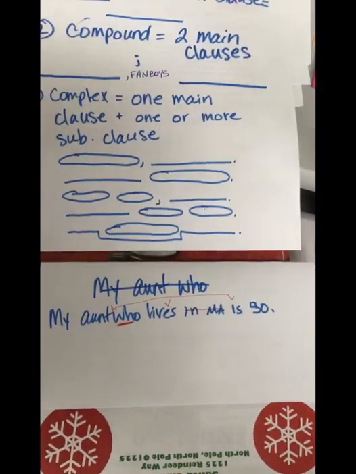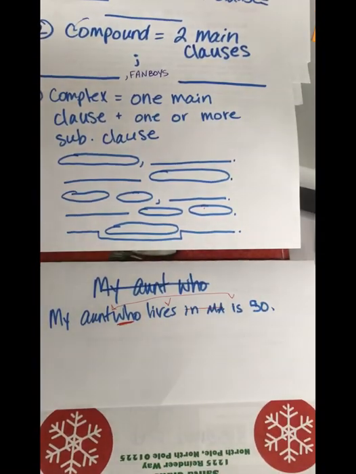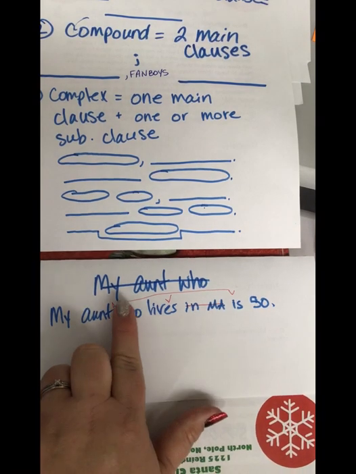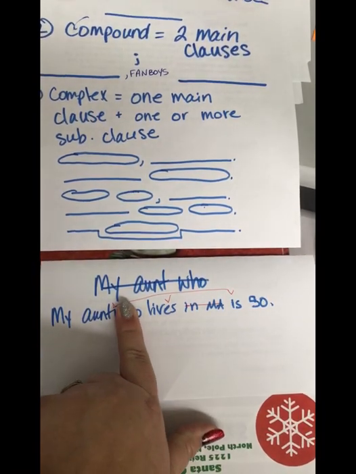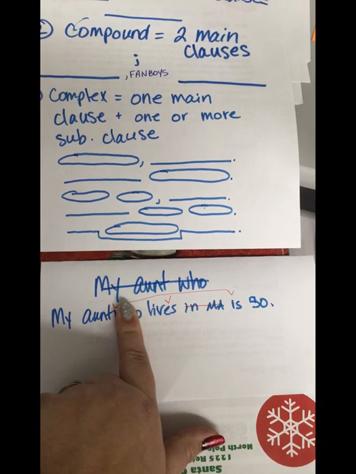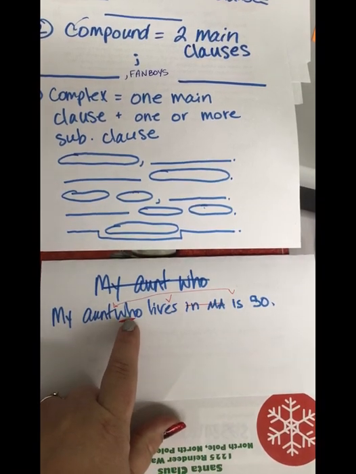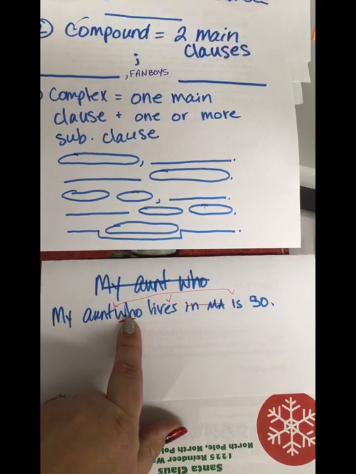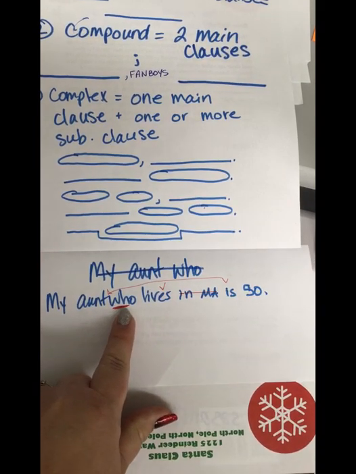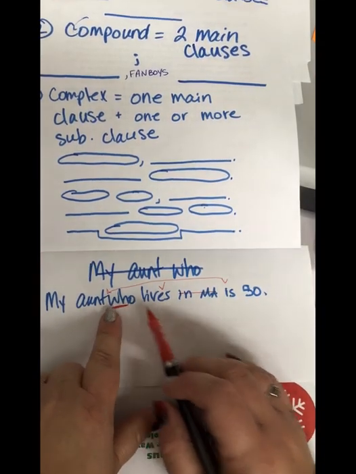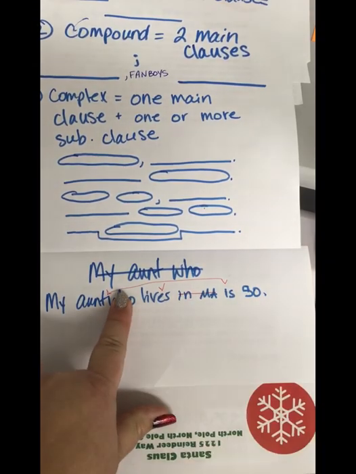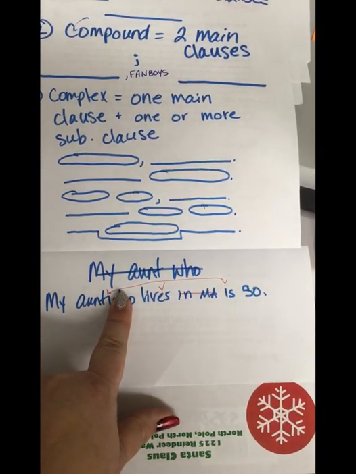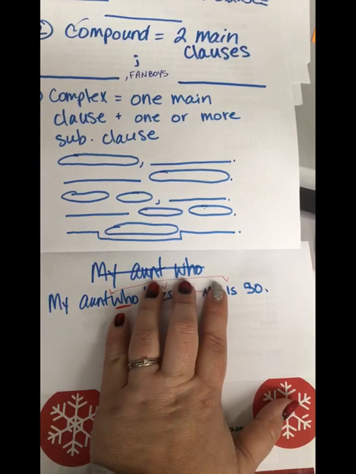Now, remember on that rule card I told you could cover up the subordinator and have a complete sentence? If I cover this up, lives in Massachusetts, is that a complete sentence? No. But what word does this word refer to? Aunt. So if I substitute aunt there, my aunt lives in Massachusetts. Is that a complete sentence? My aunt is 50.